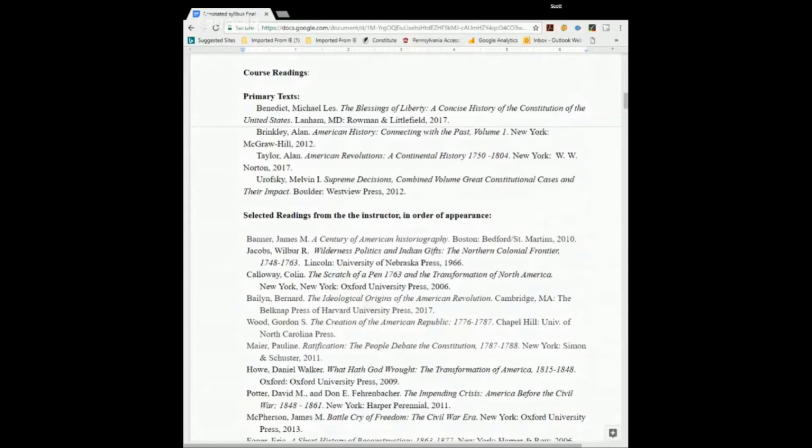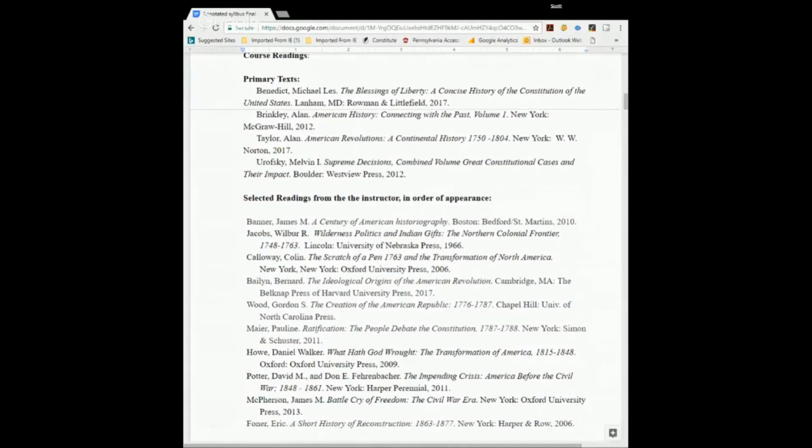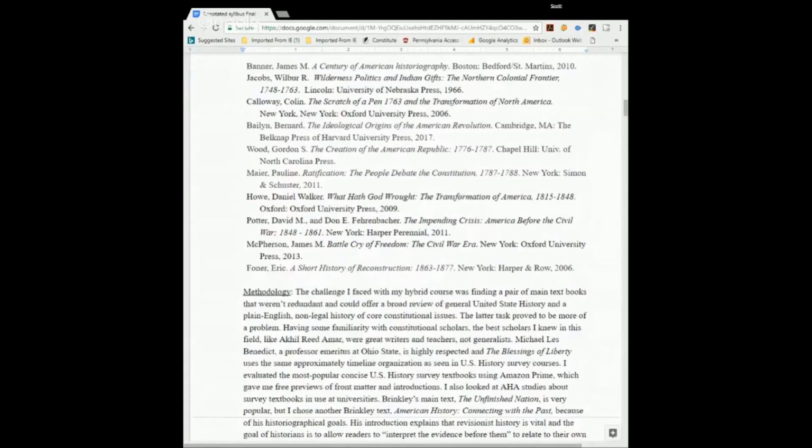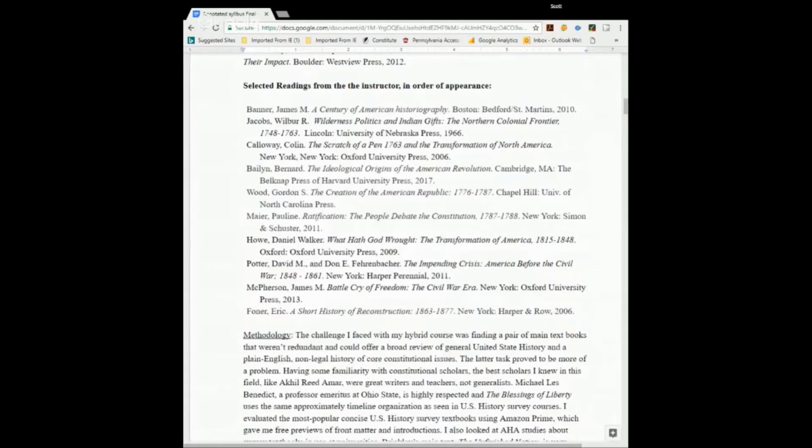For my first course, I picked a book, hopefully it's in here, by Alan Taylor, which I believe won a Pulitzer Prize when it was published, called American Revolutions. And that covers a time period between 1750 and 1804. And to complement those books, I have selected readings which I would pick out on a unit-by-unit level. Some of these we're familiar with, like Banner's book. I have a historiography section.